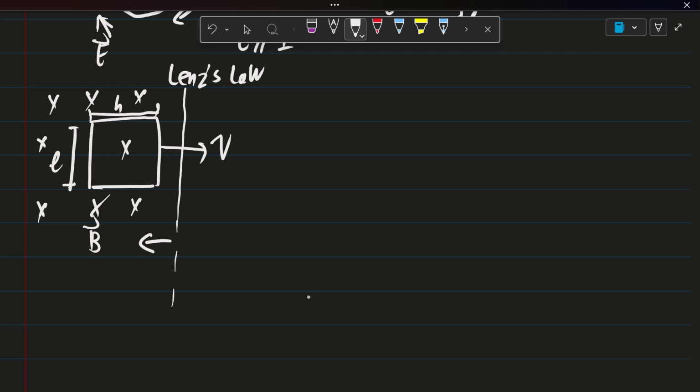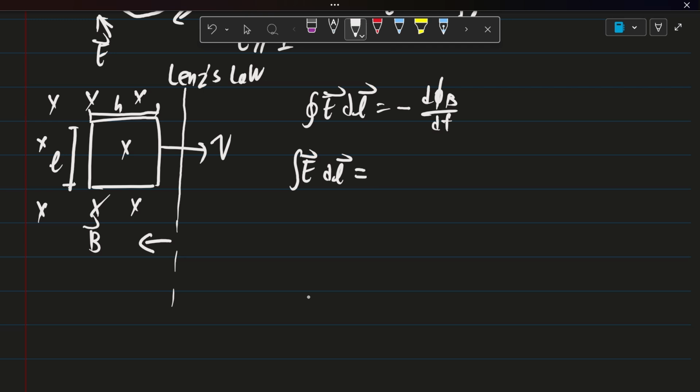Here's something we can discuss straight away from Faraday's law. We'll keep writing this as the integral of E vector dot dl vector, as I won't change it yet, and this equals the negative d phi B over dt.